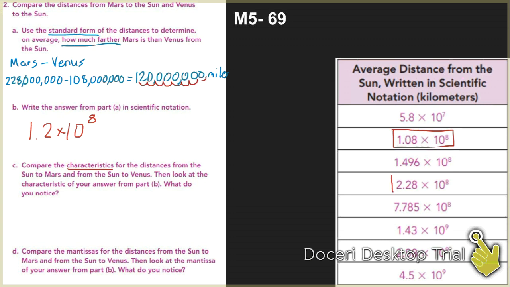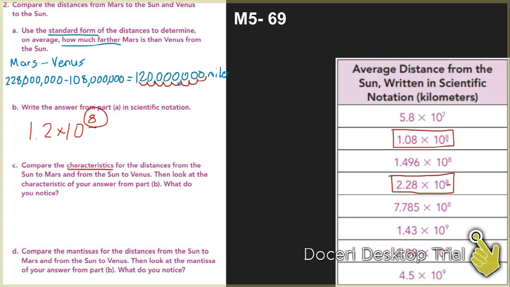This one is the scientific notation for Mars. And what do they have in common? Well, they both have an 8 as their characteristic. That's their exponent. And our answer also had an 8 as its characteristic right there. So that is what I noticed right away when we look at that. Okay? Now what I want you to be thinking about as we go through the rest of this lesson is, was that a coincidence or not? Okay.